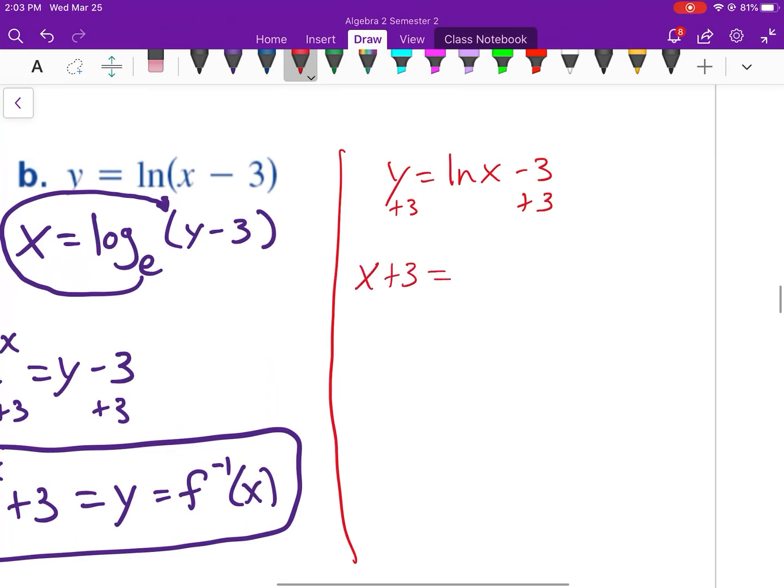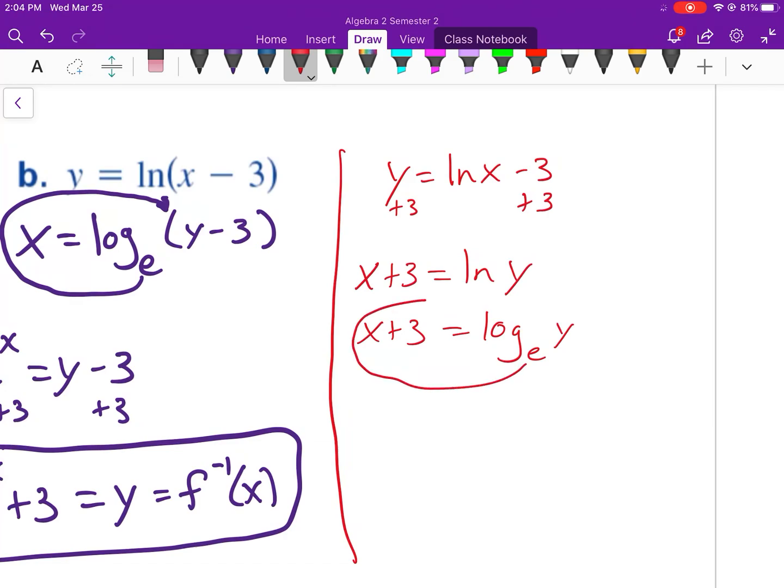Well, we didn't flip-flop, so let's flip-flop. So we're going to have x plus 3 is equal to ln of y, or x plus 3 is equal to log base e of y. Now that we have the log by itself, this is the point where we rewrite. So e to the x plus 3 equals y.